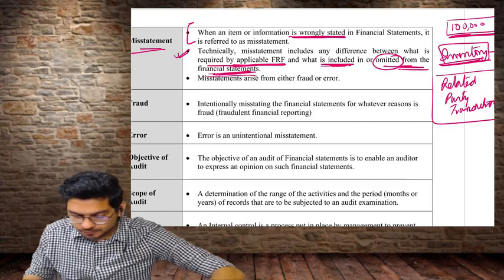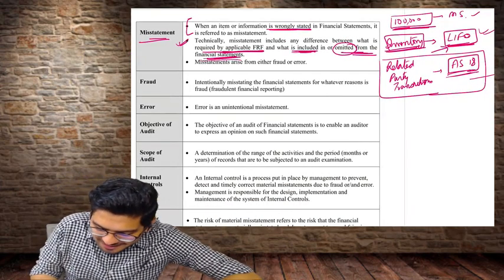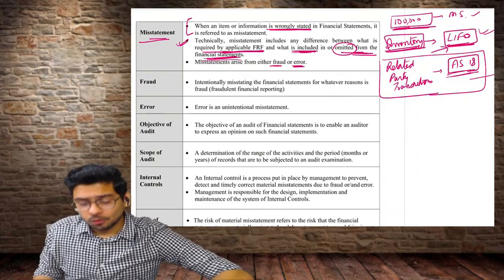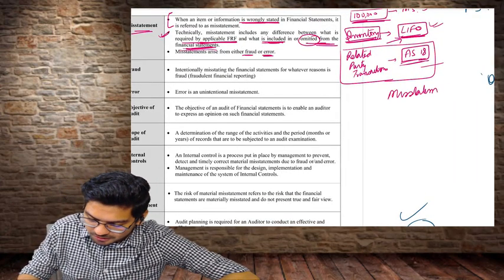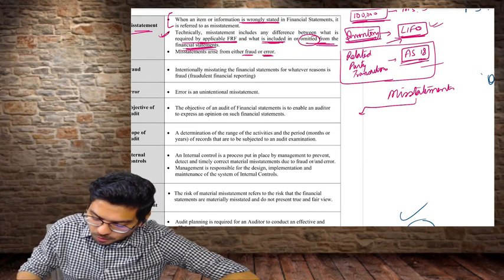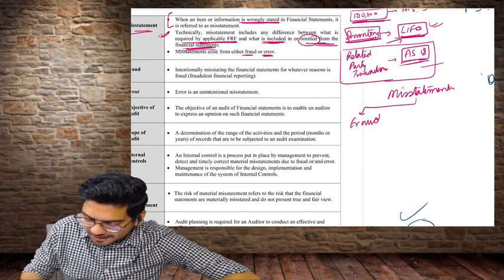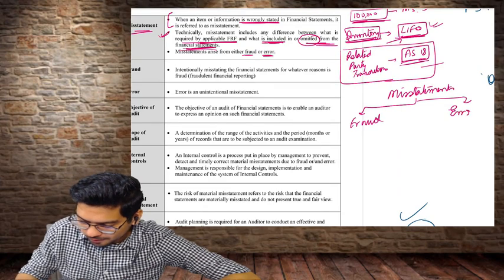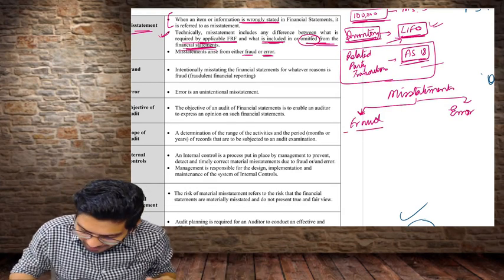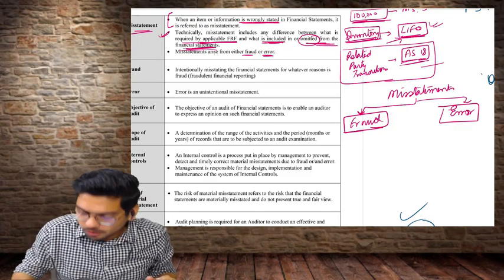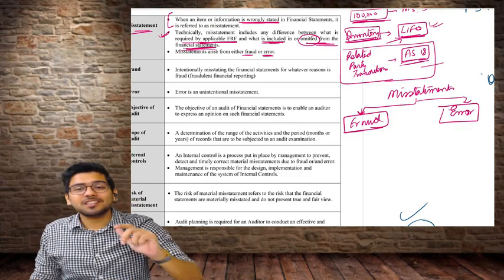Now, misstatements can arise either from fraud or error. Two reasons because of which misstatements in an organization's financial statements can happen: either because of fraud or because of error. Let us understand the two terms.